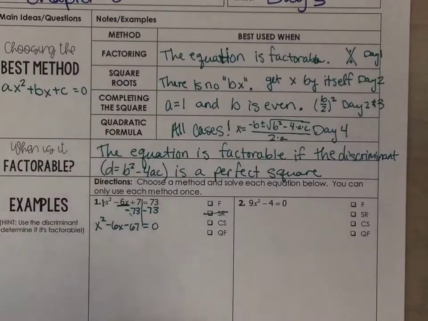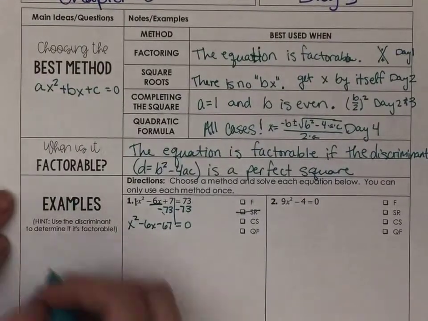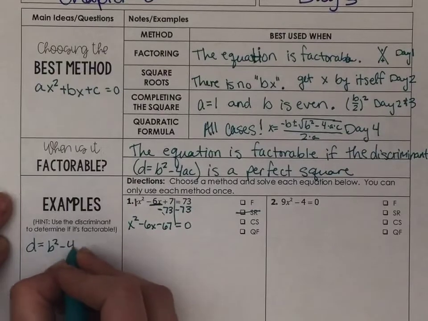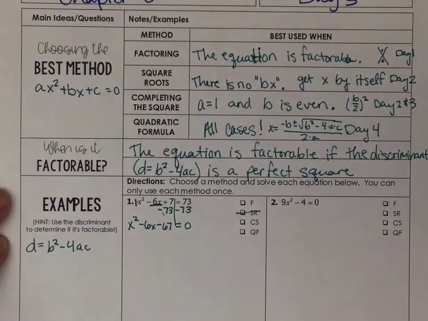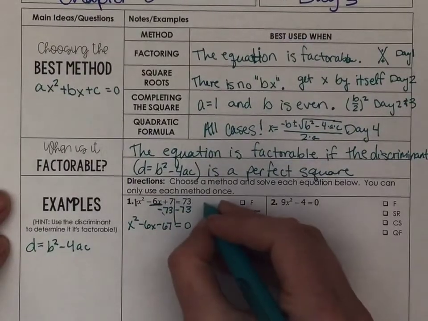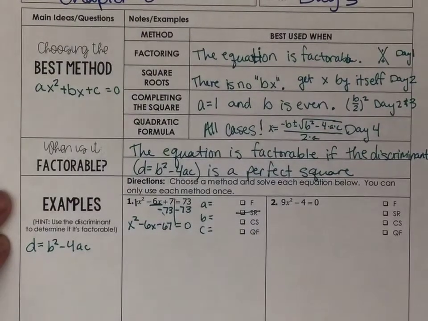So to do the discriminant, I'll just do that off to the side here. For the discriminant, that's b squared minus 4ac. And since I have b, a, and c, I want to label those, find those from my equation, so that I can plug those all in.